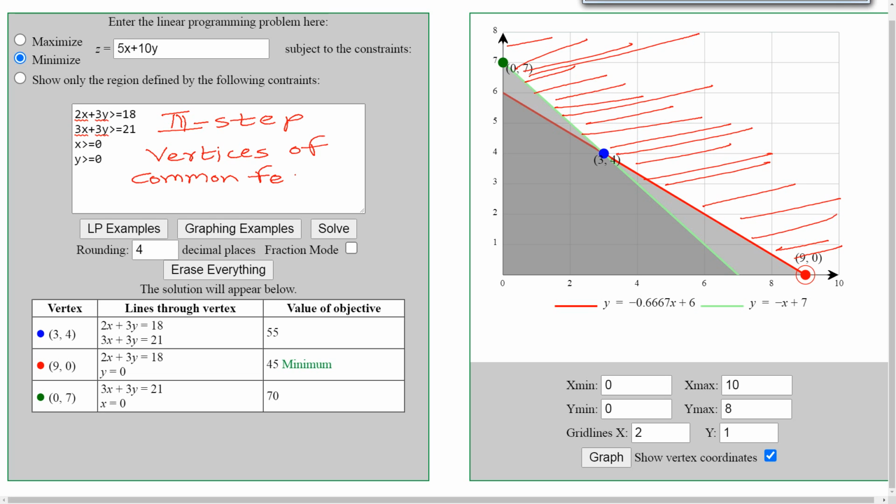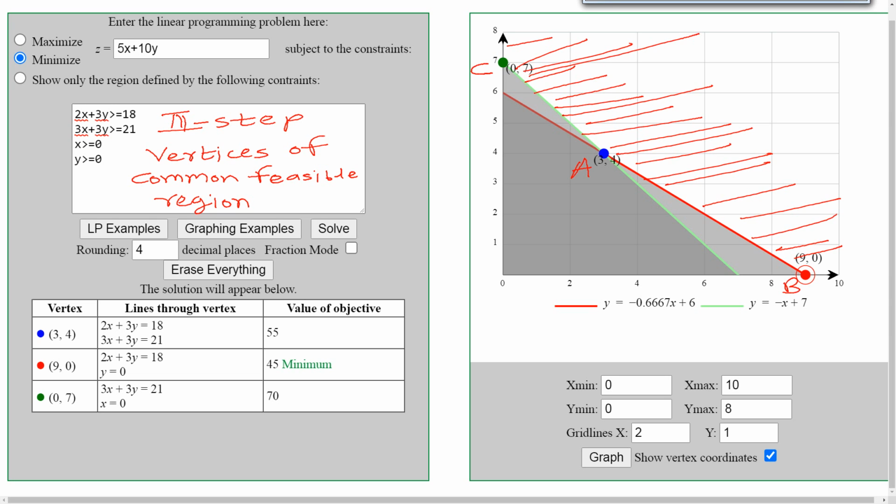Which are the vertices of the common feasible region, that we are going to determine. So here you can see we are going to have three vertices. I'll call this point A, this I'll call point B, and this I will call point C. So we have to determine the coordinates of points A, B, C.